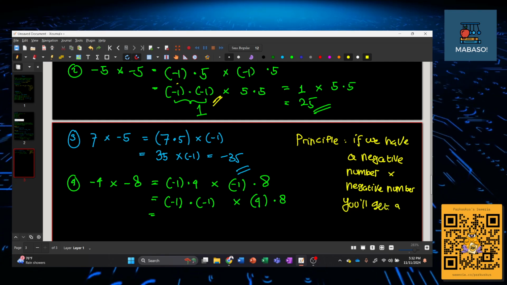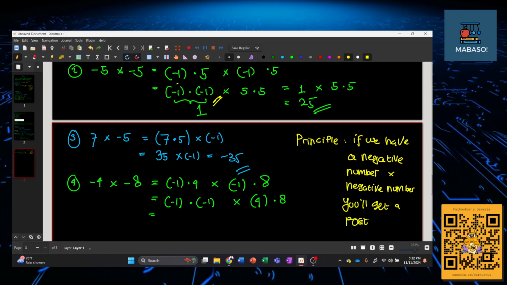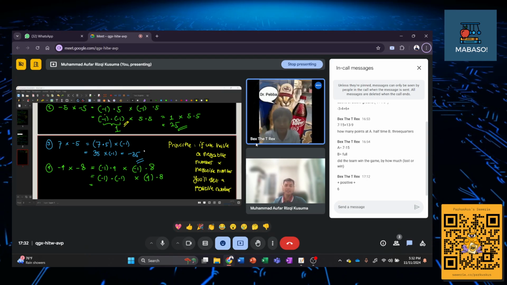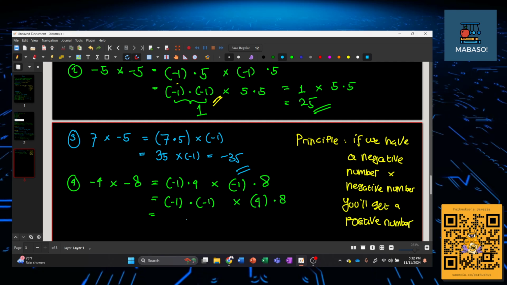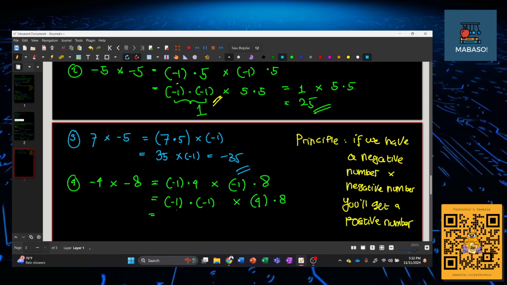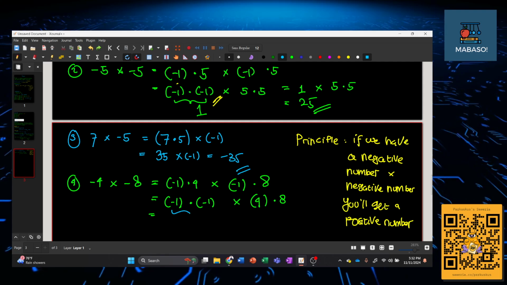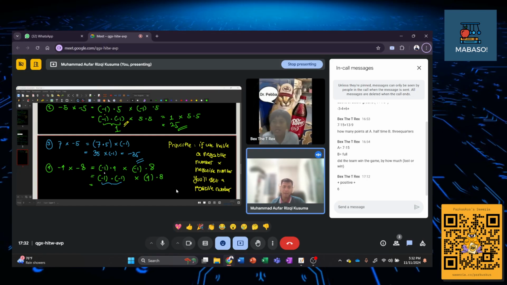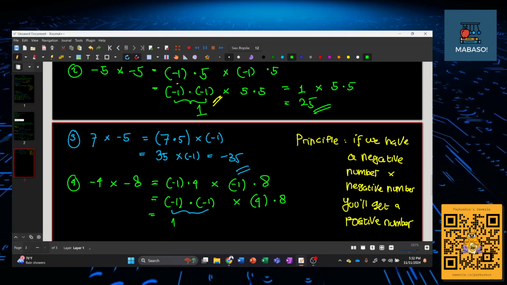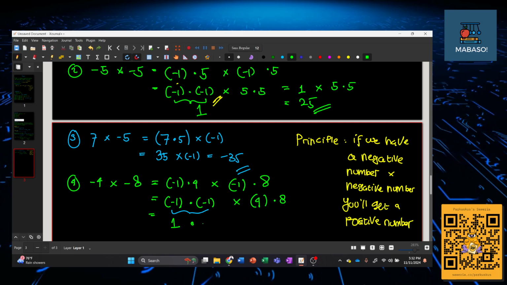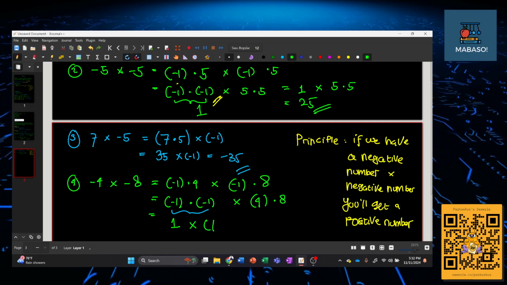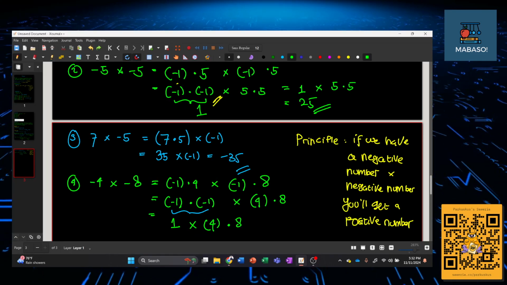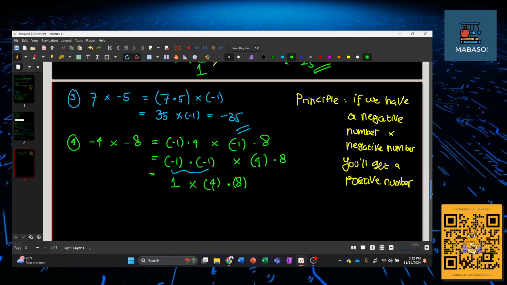You'll get a positive number. This is the principle we want to remember. Because we have a negative number times a negative number, you'll get what, Bex? 1, right? But how does it come? Tell me through an equation why minus 1 times minus 1 equals 1.